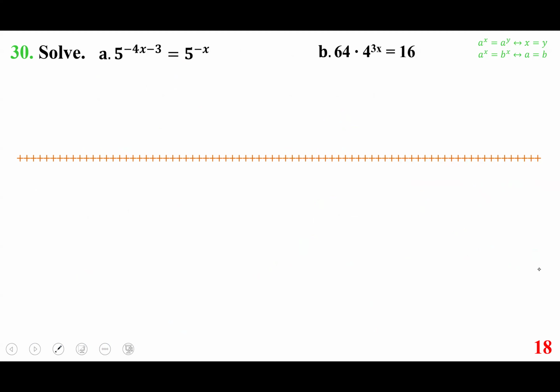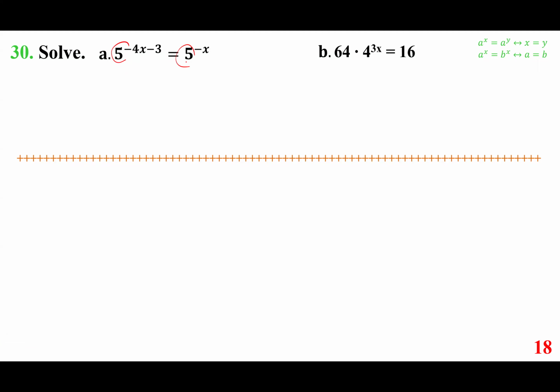We're going to solve equations involving exponentials, reminding everyone that if a to the power of x equals a to the power of y, then since they have the same base, they must have the same exponent. If a to the power of x and b to the power of x are the same, they must have the same base, a equals b. So in this case, they both have the same base 5.